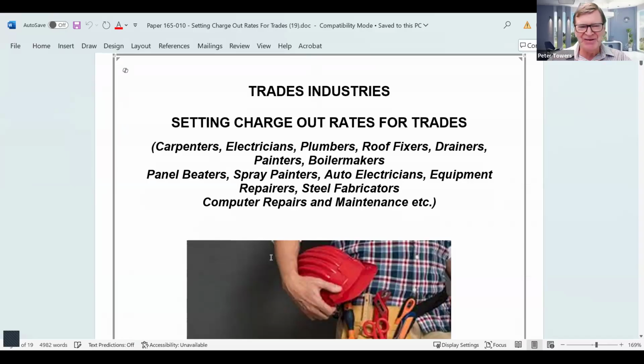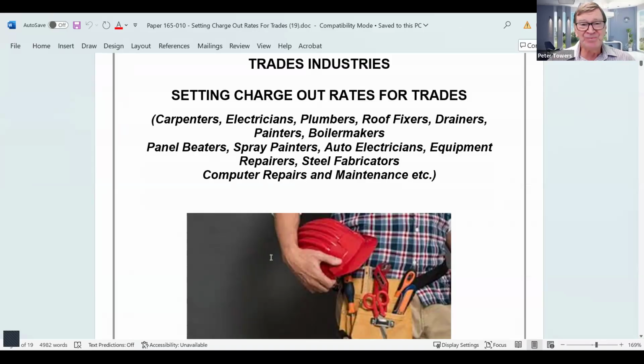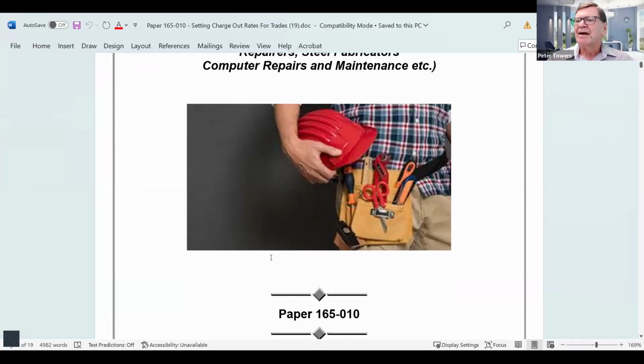We've listed some of the trades there. There's probably another 100, 150 different types of tradies. You can use this with any sort of tradie. And in fact, we use basically the same system for professional service firms, but we've badged that as professional service firm charge out rate calculator.